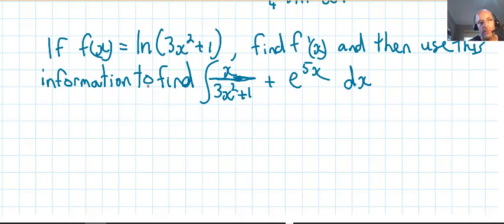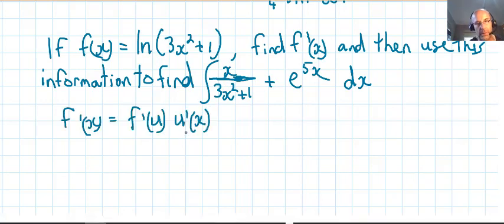We're given f of x equals log of 3x squared plus 1, and then we're asked to find f dash of x, and then use that information to find the integral of x over 3x squared plus 1 plus e to the 5x dx. Now we have to use the chain rule for differentiation on f of x to find f dash of x there, and I've written that down in function notation.